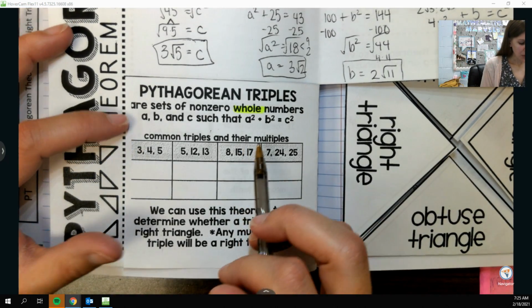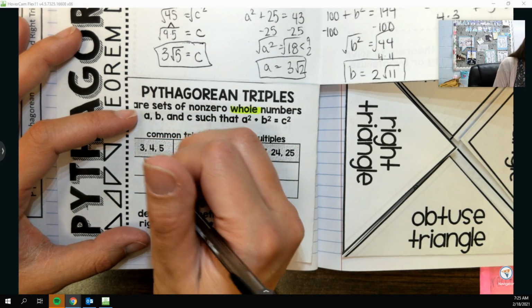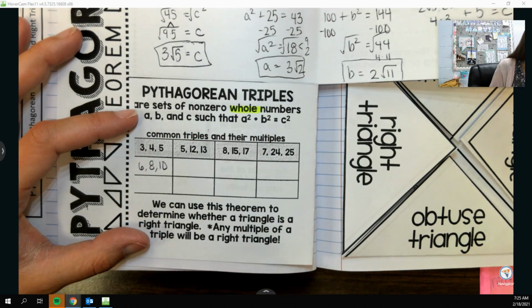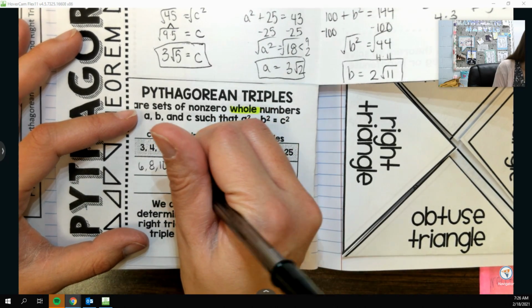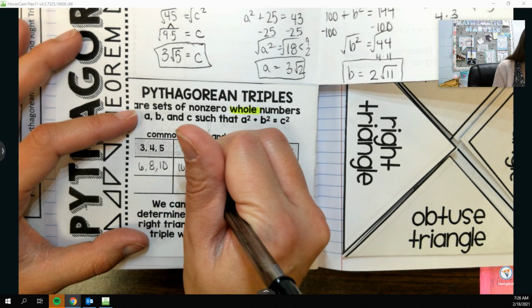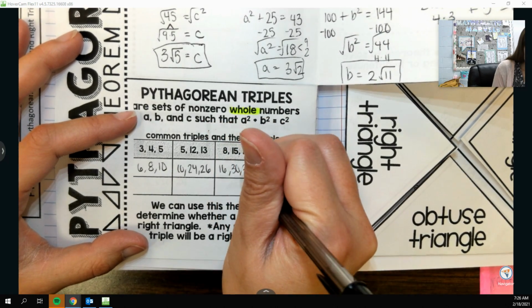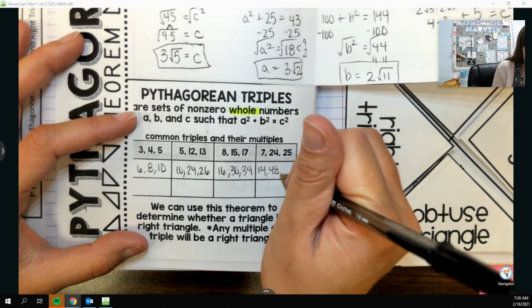So we can times them all by 2. If I multiply all these by 2, 6, 8, 10 is another Pythagorean triple. 10, 24, 26, 16, 30, 34, 14, 48, and 50.